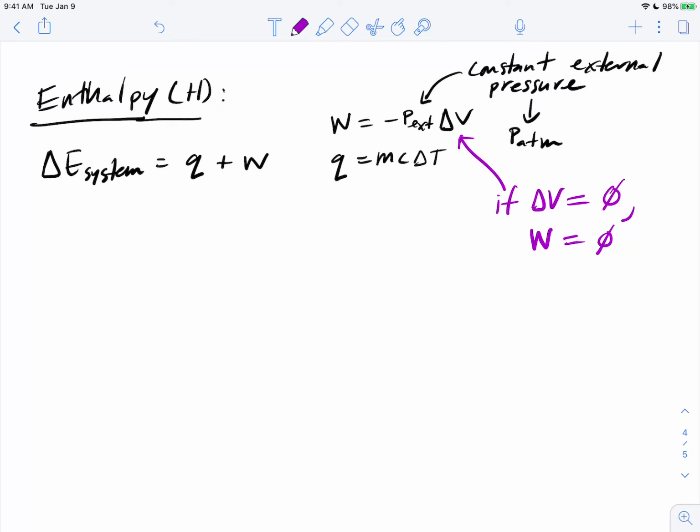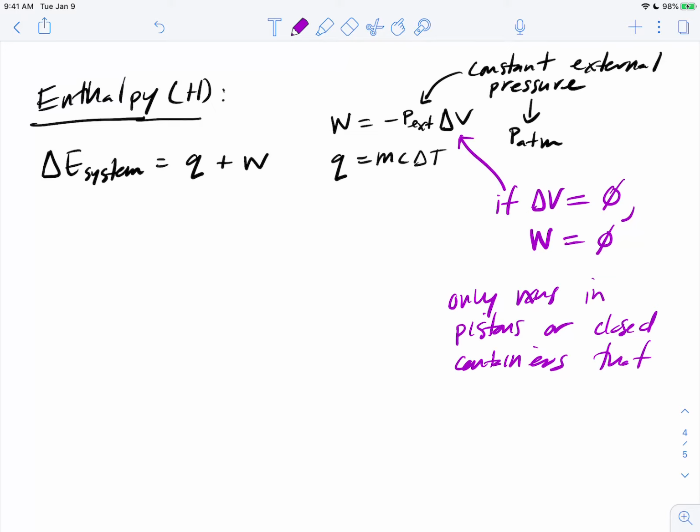So really what this means is only reactions in pistons or closed containers that can expand or be compressed can have W not equal to 0.